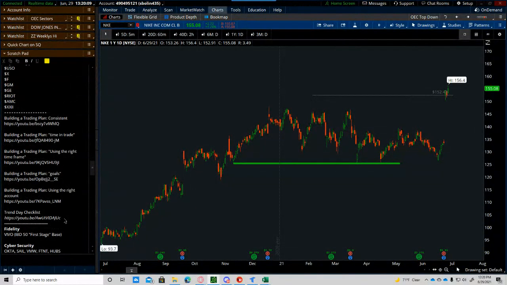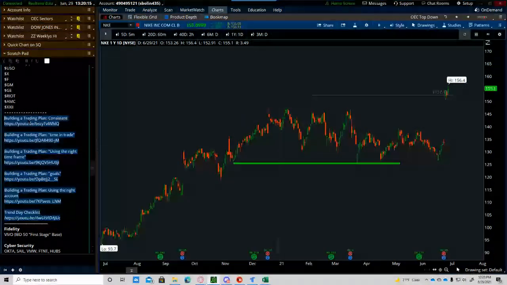I know I kind of want to do options. Working through that video series on a trading plan will help you narrow down what it is, because depending on the account that you have, or depending on the goals for your account, there's some trading that you just can't do, or that you're not going to want to do, because it won't be as effective as a different kind of strategy or a different plan.